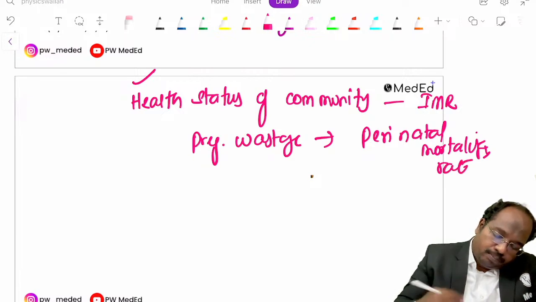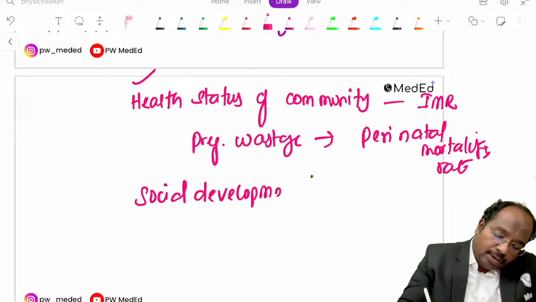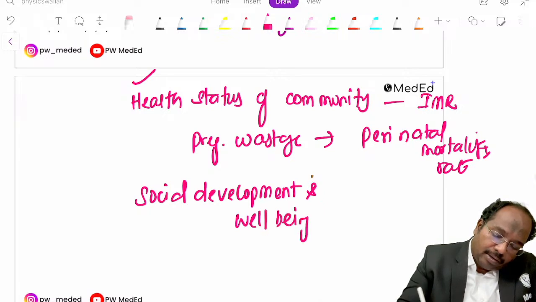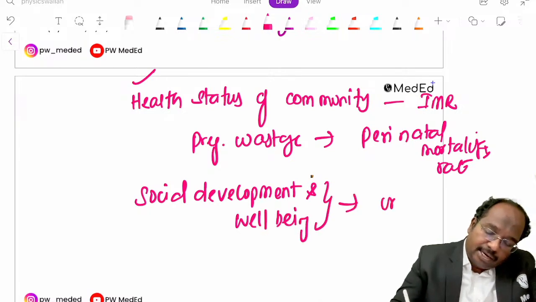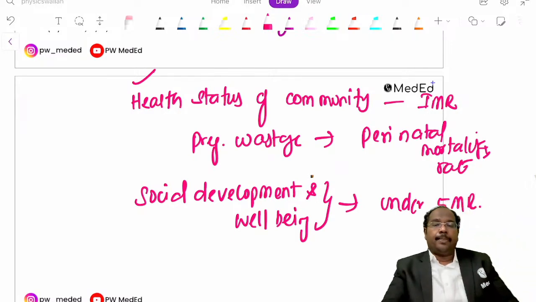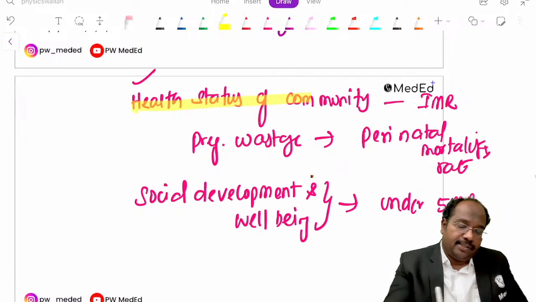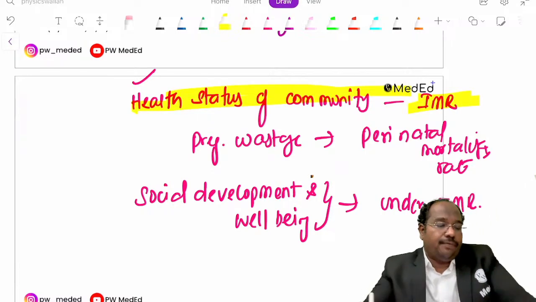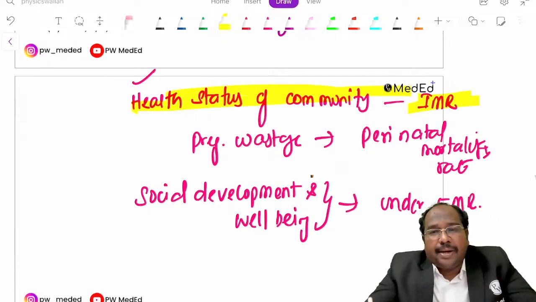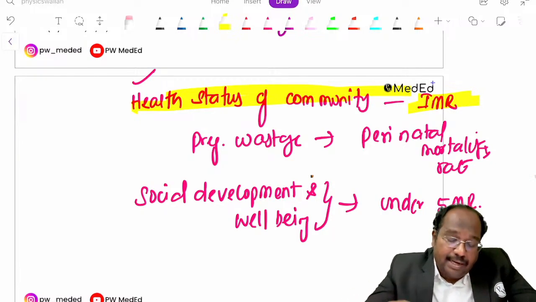And what is the other one? The social indicator for social development and well-being is the under 5 mortality rate. So infant mortality rate is health status, pregnancy wastage is perinatal mortality, and social development and well-being is under 5 mortality, guys.